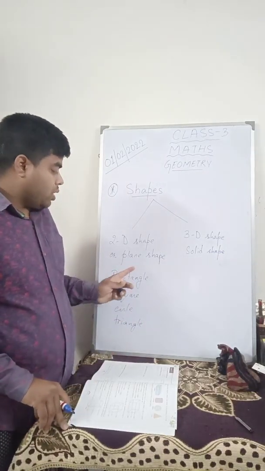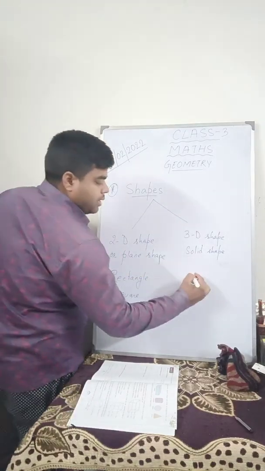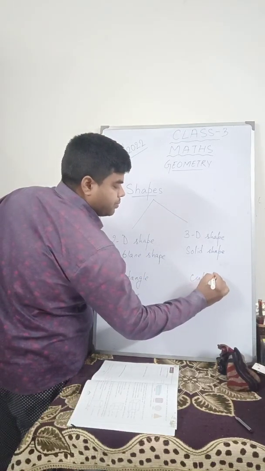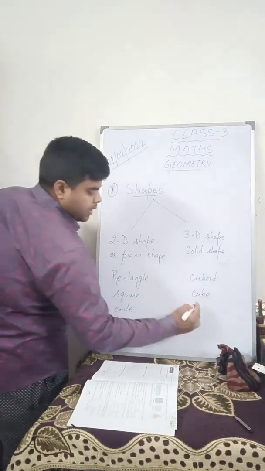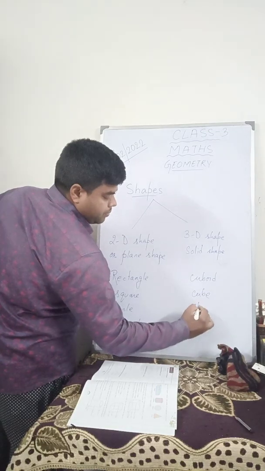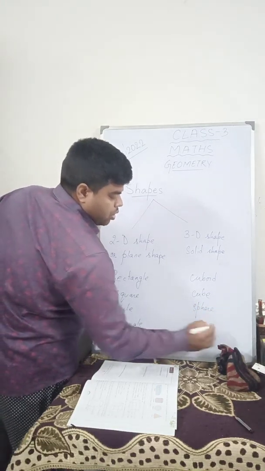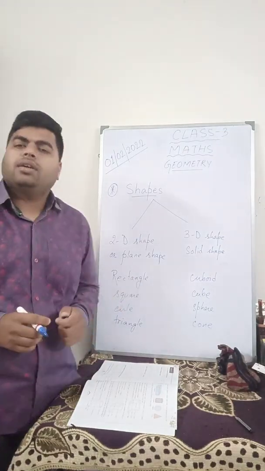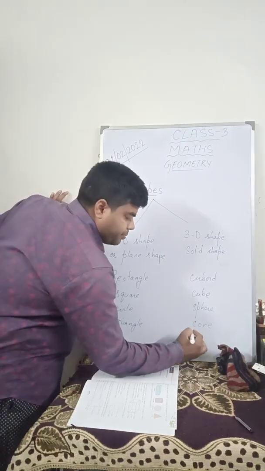Now, if you talk about the 3D shape, that means the solid shape of all these: rectangle is cuboid, square is cube, circle is sphere, triangle is cone. So there are many 3D shapes, that means solid shapes, like cylinder.